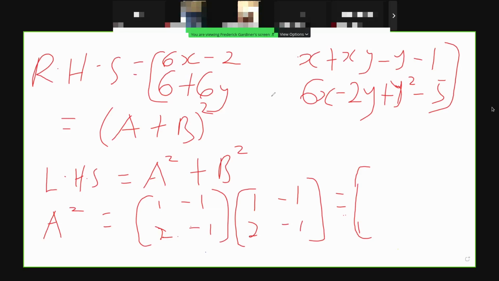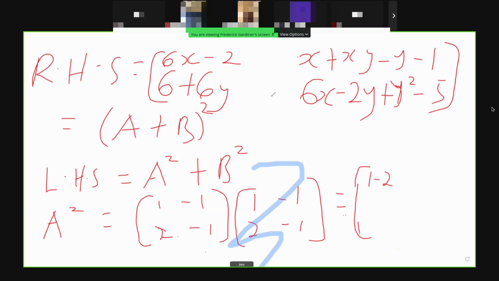Please try it. It's a tutorial. So I'm going to get this times that. It's going to be 1 minus 2 for the first row. First row multiplying first column: 1 multiplies 1, we have 1, plus -1 times 2.